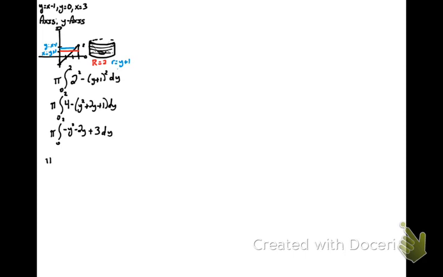Integrating, we end up with negative 1/3 y cubed minus y squared plus 3y, and this is from 0 to 2. Substituting in 2, we end up with negative 8/3 minus 4 plus 6. Substituting in 0, we get minus 0.